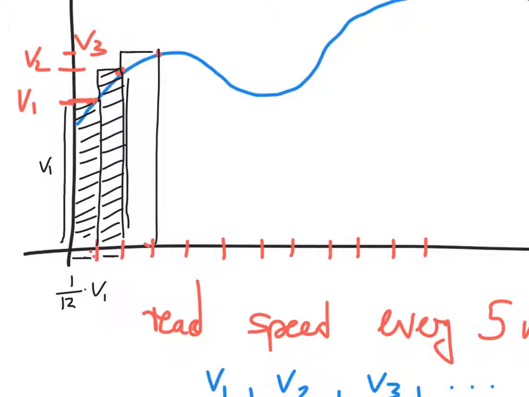And then we take this column rectangle, and that would be 1/12 times v3. And we sum the areas up of those three columns. And that gives us our approximation of the distance driven.